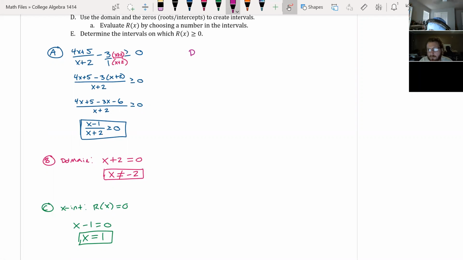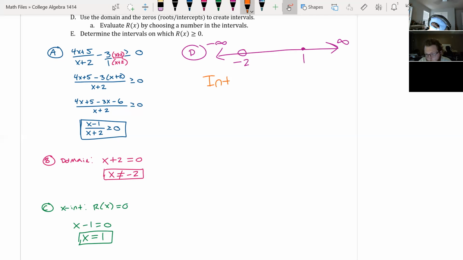Okay. So we make the number line. So D, and we'll make our number line. There's -infinity, there's infinity, and then we have -2 and 1. Give my intervals. -infinity to -2, -2 to 1, 1 to infinity.